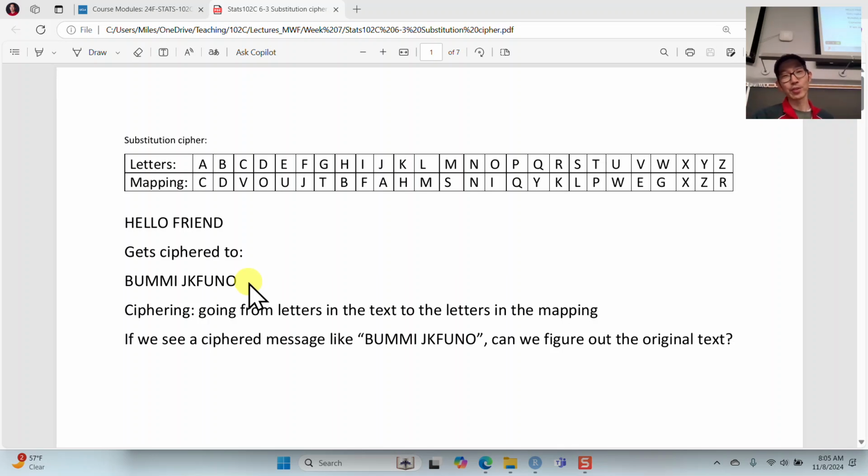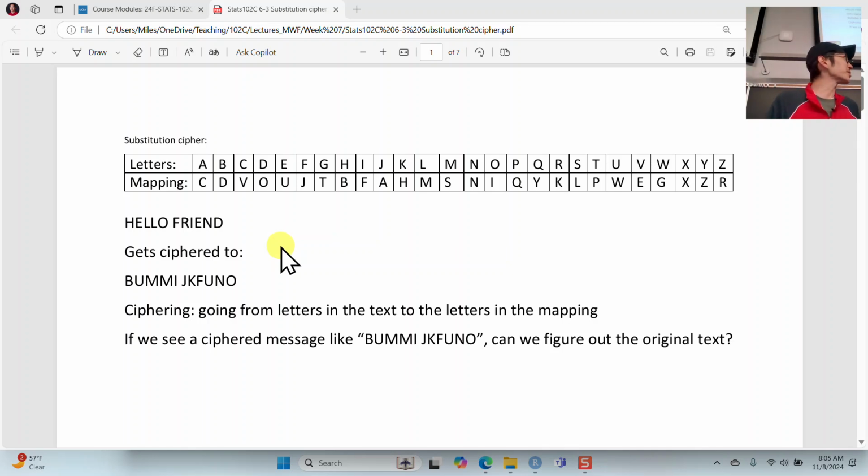Then your friend receives this message, and they have to go, okay, B is right here, so that's going to be H, and U is right here, and that becomes E, and then they decode it, and you can send these messages back and forth. And when you were in third grade, you felt like you were being a spy or something like that, and it's still kind of fun to do something like this, okay?